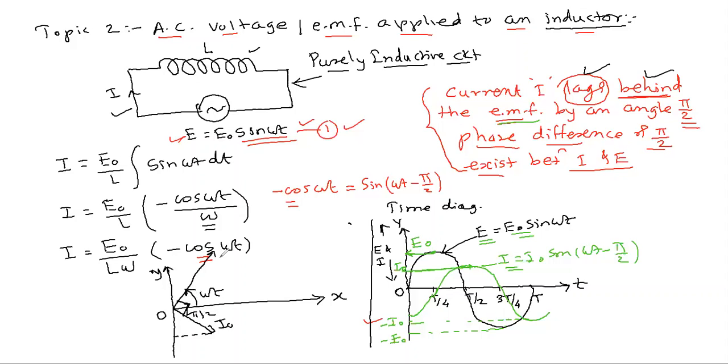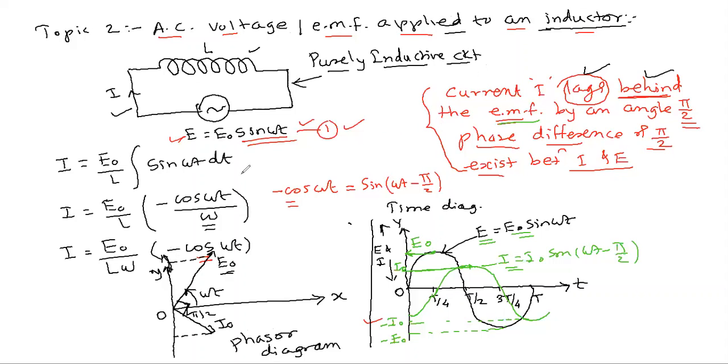This is the peak value of the EMF, and this is the peak value of the current, which is less than that of the EMF. So this is your phasor diagram in case of the AC voltage or EMF applied to an inductor.